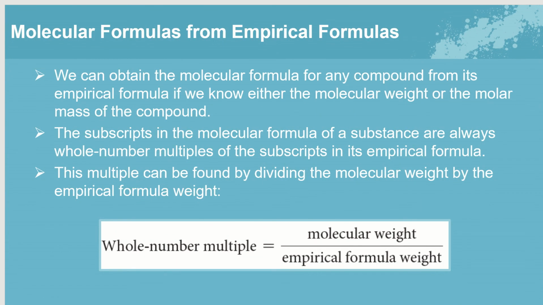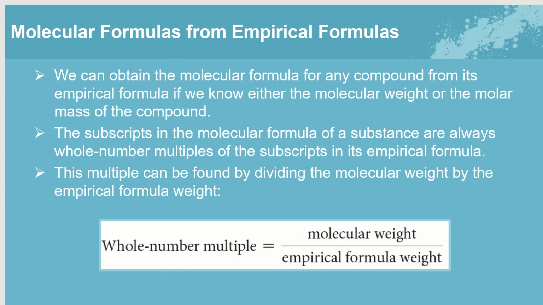The subscripts in the molecular formula of a substance are always whole number multiples of the subscripts in the empirical formula. Now, this multiple can be found by dividing the molecular weight by the empirical formula weight.